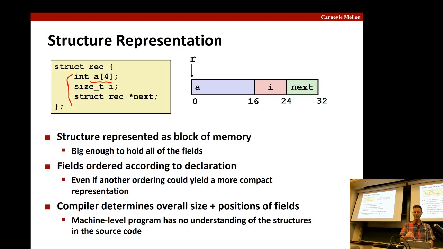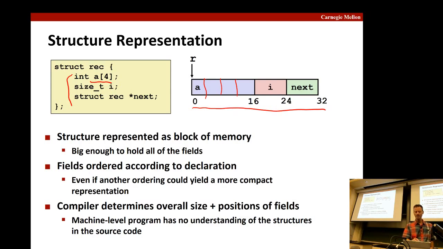If we have a structure and it's initially addressed R, then we'll just look at the offsets from the beginning. A gets laid out starting at 0, and it goes all the way to 16 because there are 4 of them, each 4 bytes. Inside here, there'd be the 4 different integers.